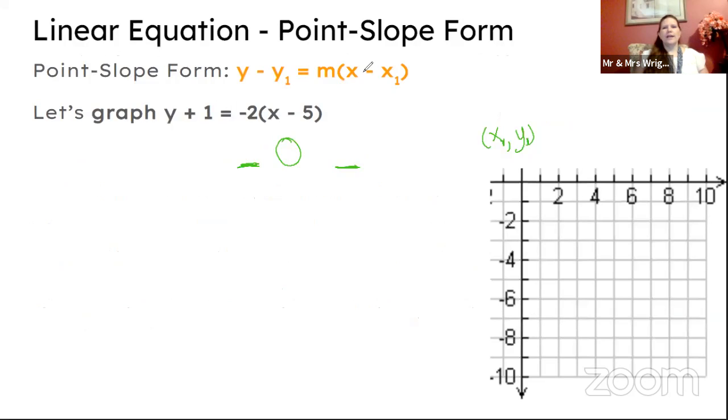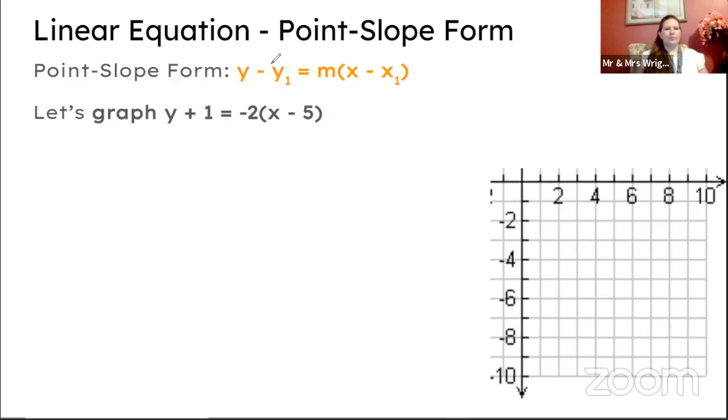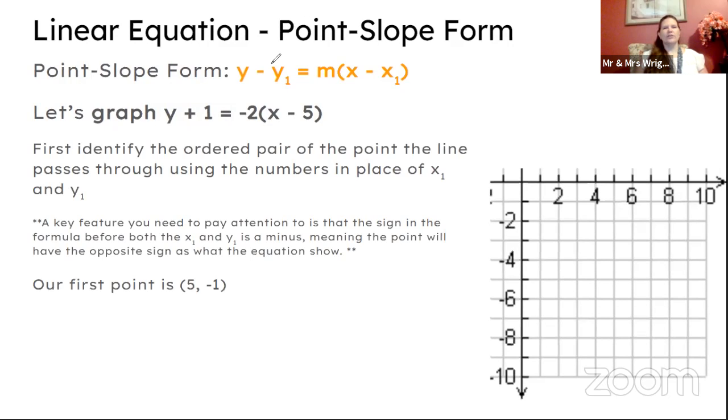So here we have point slope form, and we have this equation that's written in point slope form. We can already identify pretty easily what our m is. Oh, well, I actually have you doing it the other way around. We're going to identify what our first point is, our x1 and our y1.